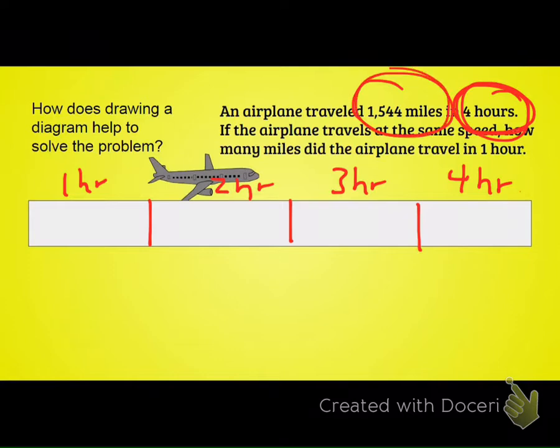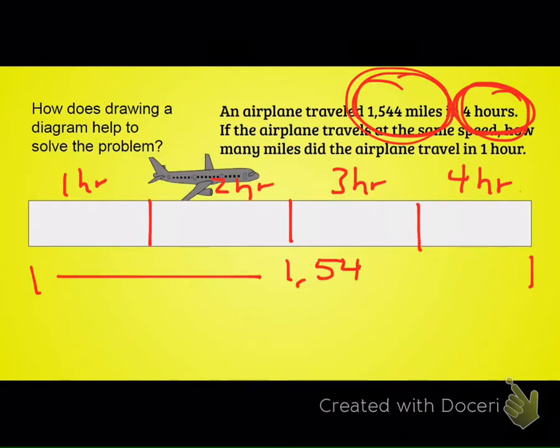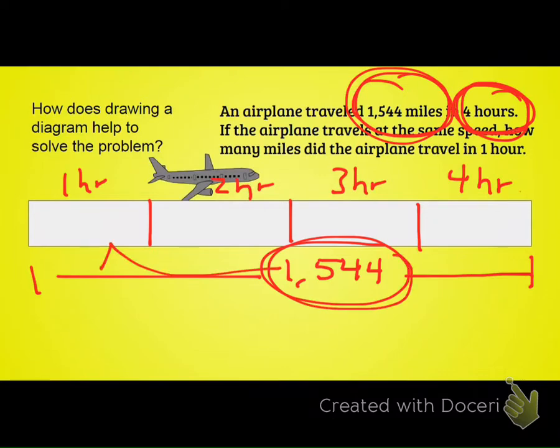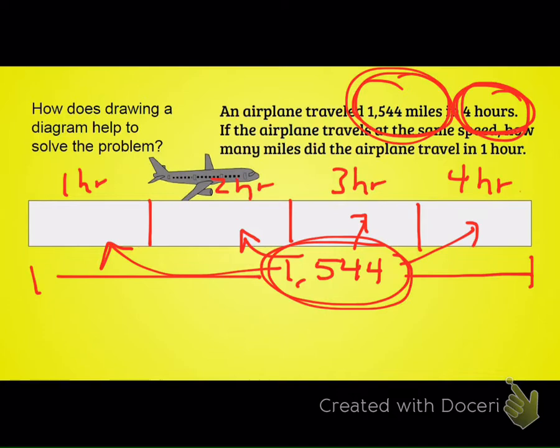Well, it's going to travel 1,544 miles. So this whole distance is 1,544 miles. So using that diagram, we can break that up. We know that we're going to take this number and we're going to break it up into 4 pieces. We're chunking it. We're taking that and chopping it into 4 different pieces.